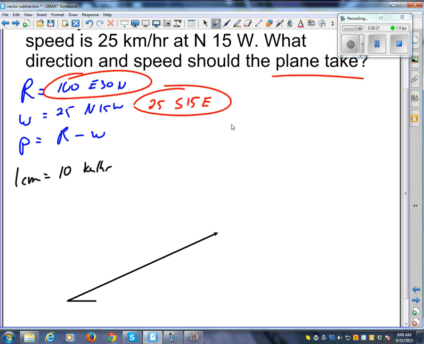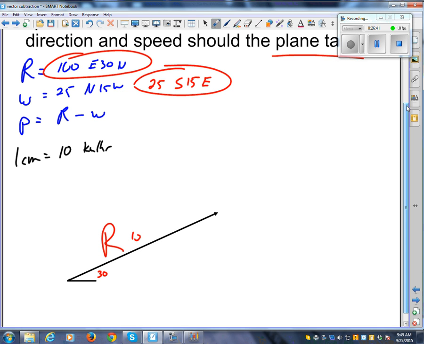This is 30 right here, right? How long is this? 10 centimeters. 10 times 10 is the 100. Okay, nod. Yes, I get that. That is label. What should I label that with? That's your R. Right?